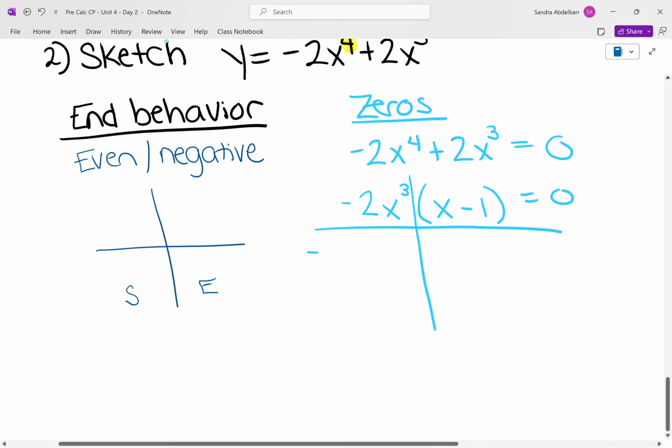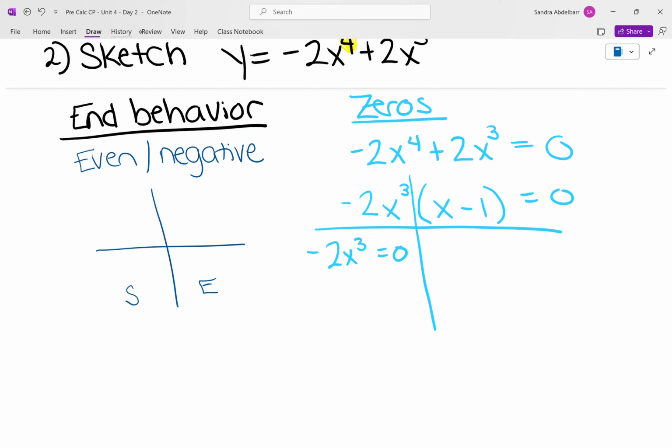And now we take each factor and set it equal to 0. So you all tell me, this first one, negative 2x to the 3rd equals 0. The exponent on it, even or odd?